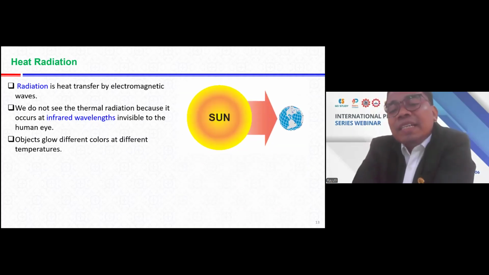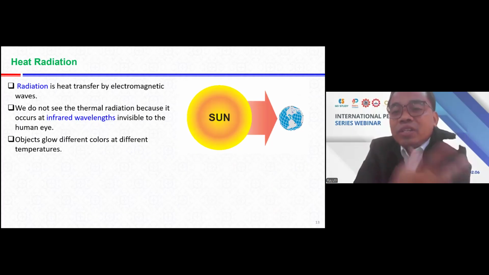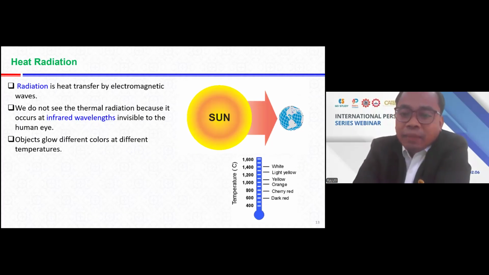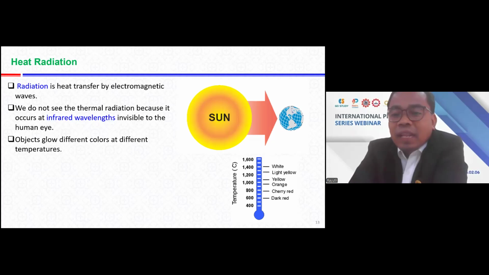You see the sun: sunlight gives heat, or temperature, to the earth. I mentioned color, as maybe everyone knows from physics, they mention which color has a higher temperature.